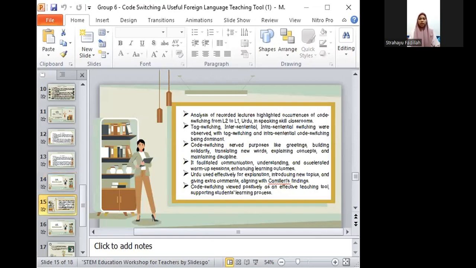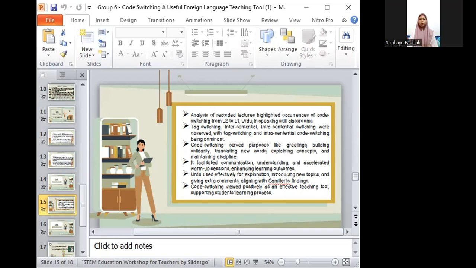The present study provides insight into the occurrence and functions of code switching in speaking skill classrooms in Pakistan. The analysis of the recorded lectures from four teachers revealed the prevalent use of code switching from the foreign or second language to the first language or mother tongue, Urdu, despite English being the main medium of instruction.